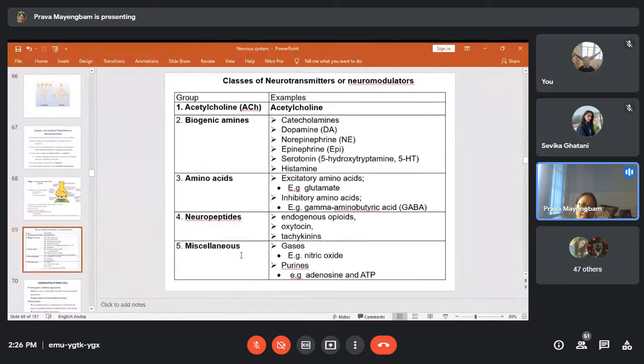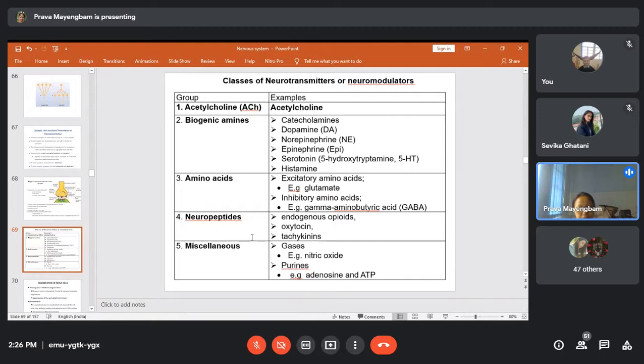Okay, some other miscellaneous category consists of some gases like nitric oxide. They also act as neurotransmitters, and purines, that is adenosine and ATP, adenosine triphosphate. So these are the classification of neurotransmitters.